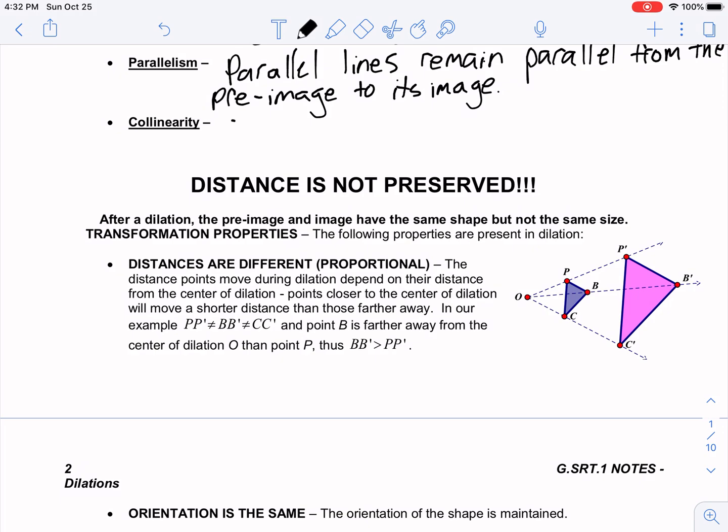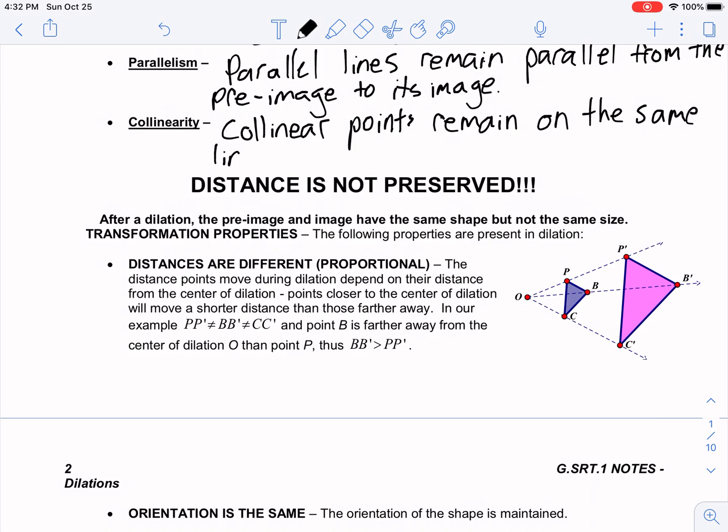So collinear points remain on the same line from the pre-image to its image. In other words, if they were on the same line to begin with, then on the image, those same points will be on the same line.